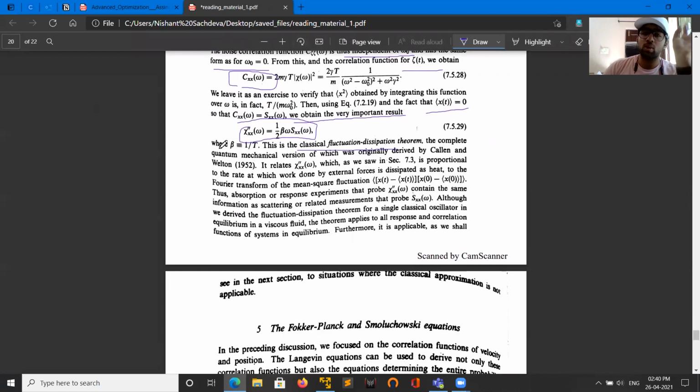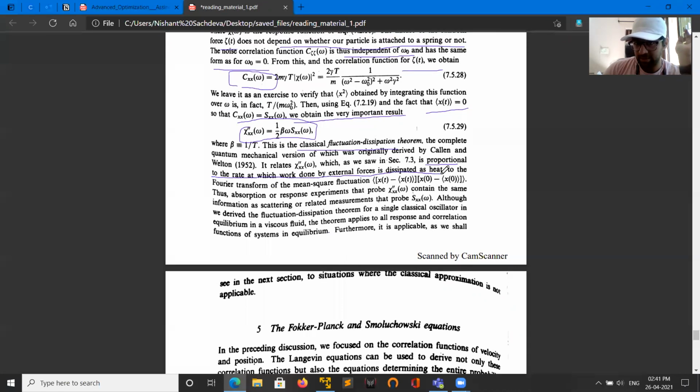The complete quantum mechanical version of this was originally derived by Callen and Welton in 1952, which is not our concern right now. But basically what it does is relate chi double prime of omega, which we saw before, and which is proportional to the rate at which work done by external forces is dissipated as heat, to the Fourier transform of the mean square fluctuation.